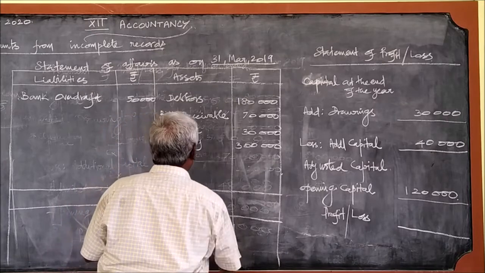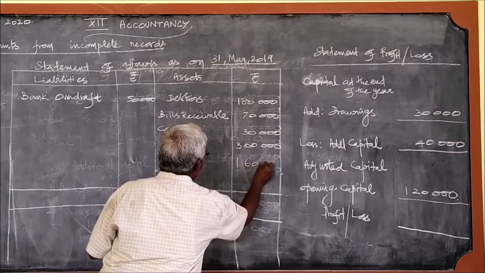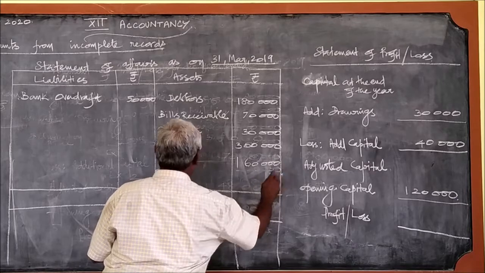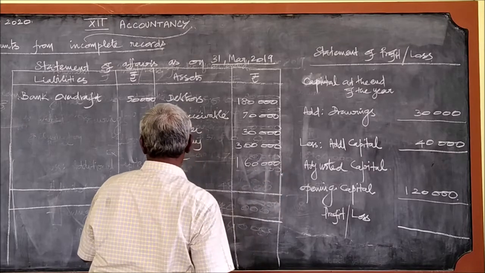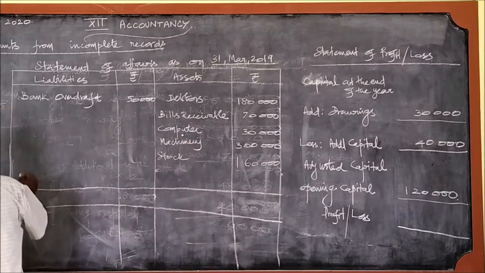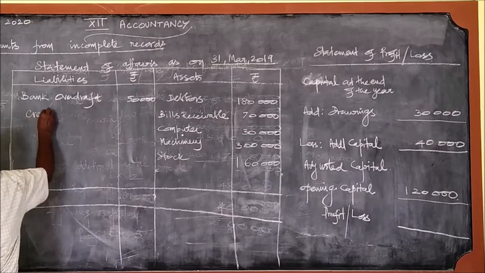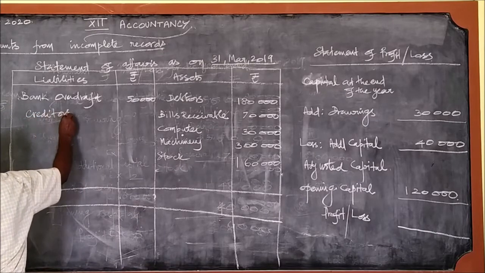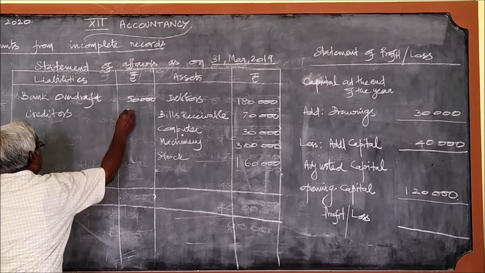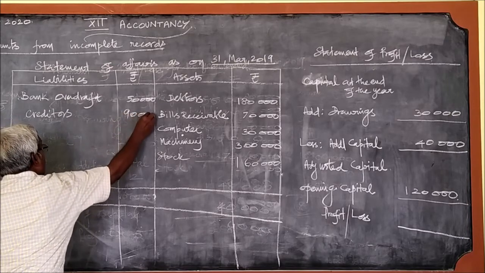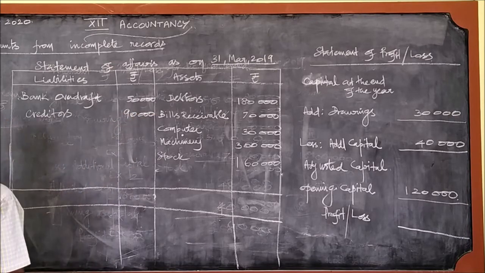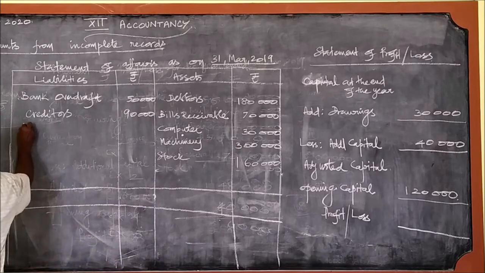Stock in trade, 1,60,000. Creditors is a liability.